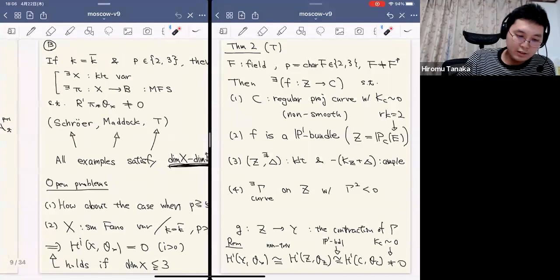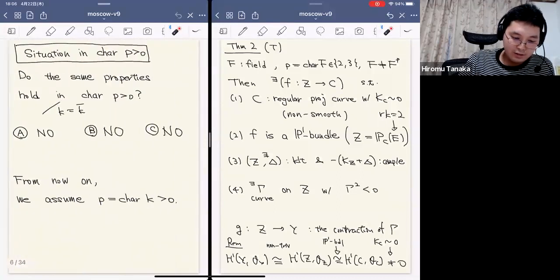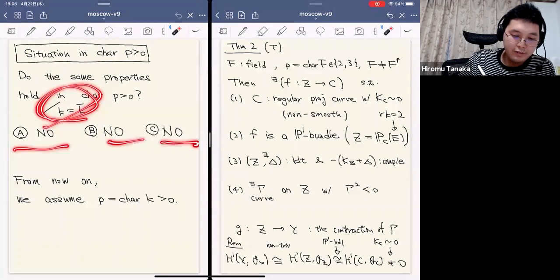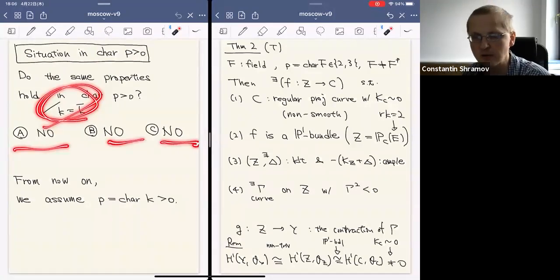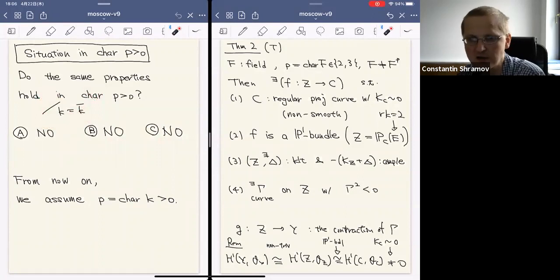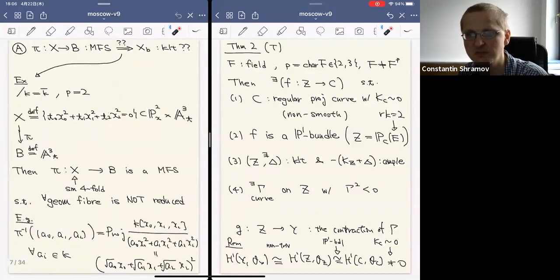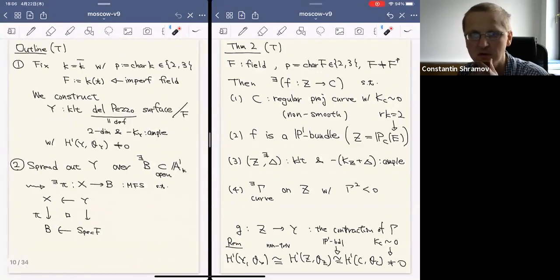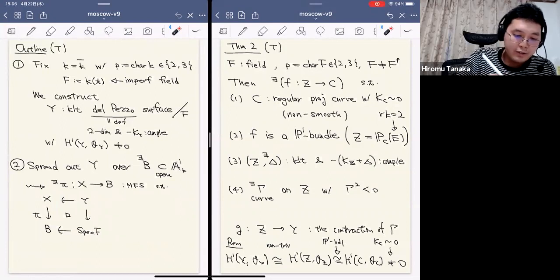Yes. As I said, even over an algebraically closed field, this question will fail. But what are we doing at the moment? Are you constructing counterexamples to these properties over non-perfect fields? No. To find a counterexample over an algebraically closed field, I use a surface over an imperfect field.